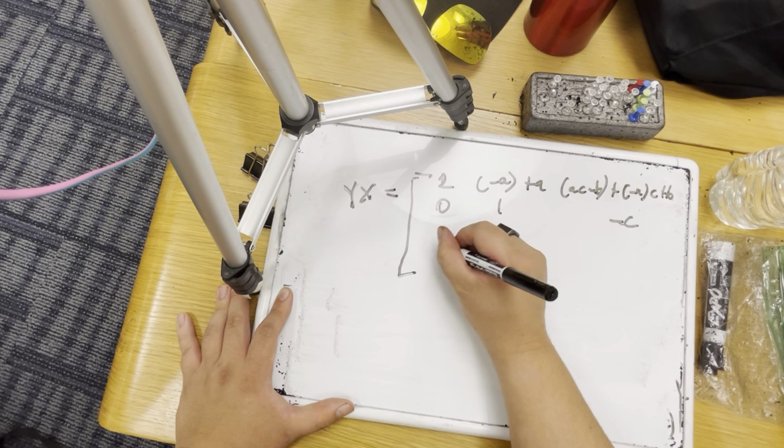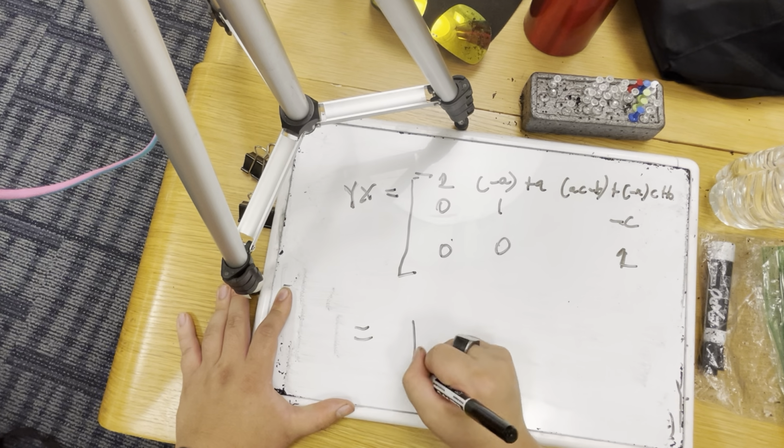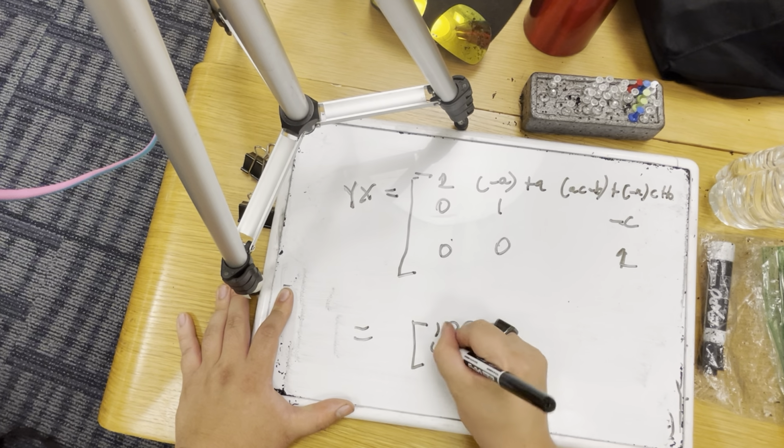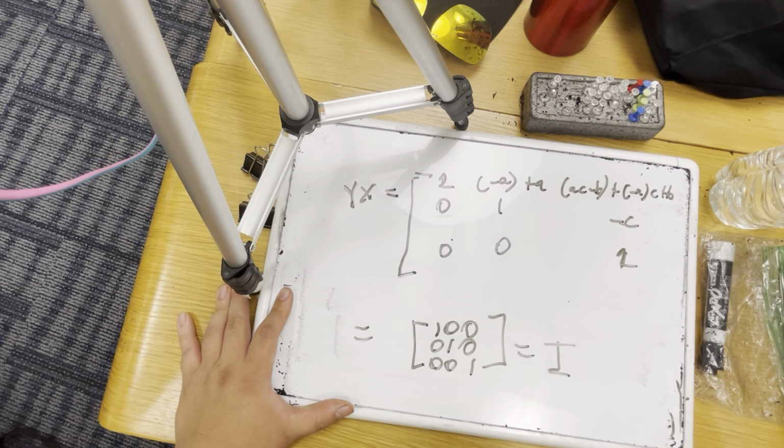And then 0, 0, 1, which is, in case you didn't know, 1, 0, 0, 0, 1, 0, 0, 0, 1, which is exactly what we wanted to get.